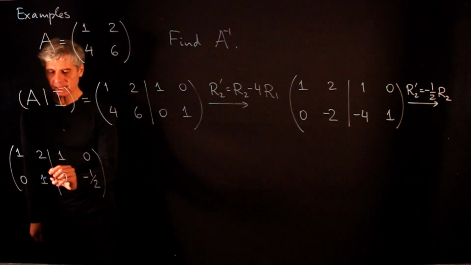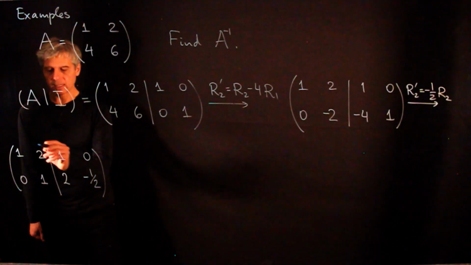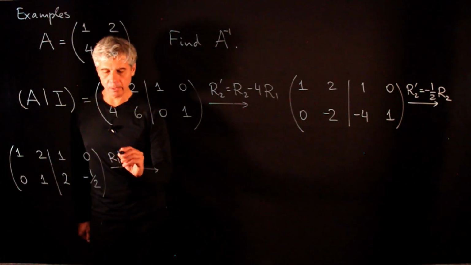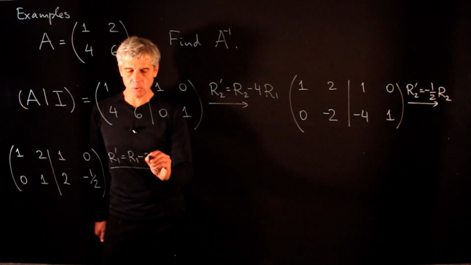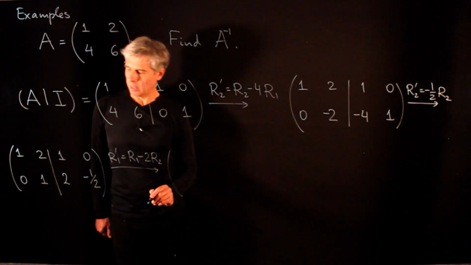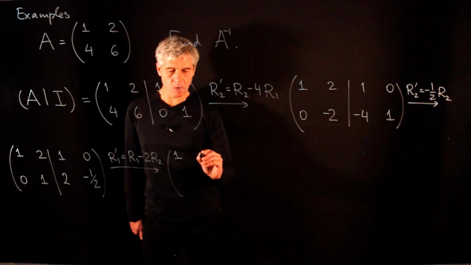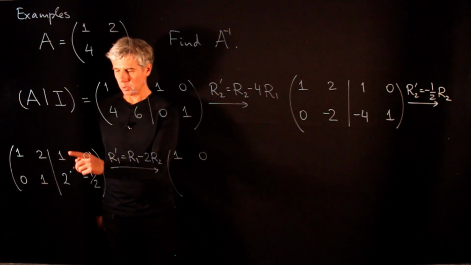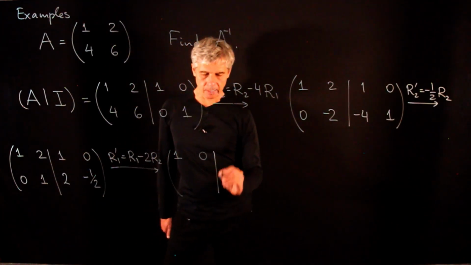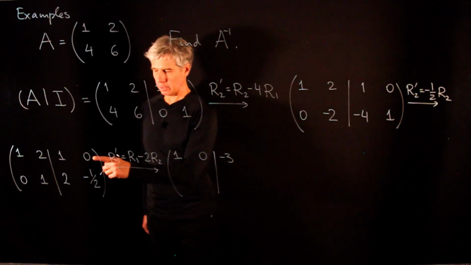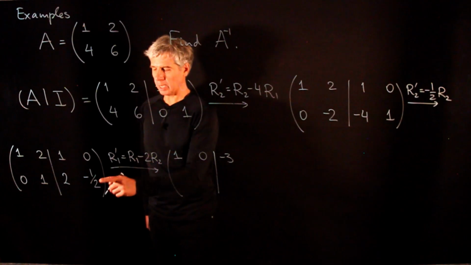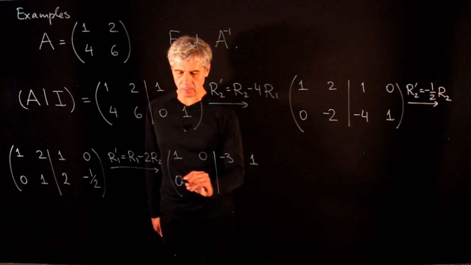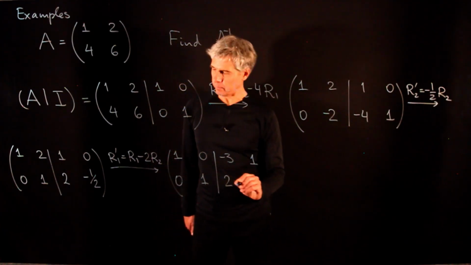And now the last step is to create a 0 above the second pivot. So what we say is row 1 new is row 1 minus 2 times row 2. Now, what we get is 1, 0, and so here we subtract 2 times row 2. So 1 minus 4, that's negative 3, and 0 minus 2 times negative 1/2, that becomes plus 1. And we have 0, 1, 2, negative 1/2.